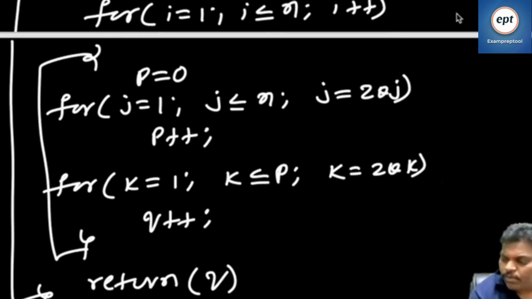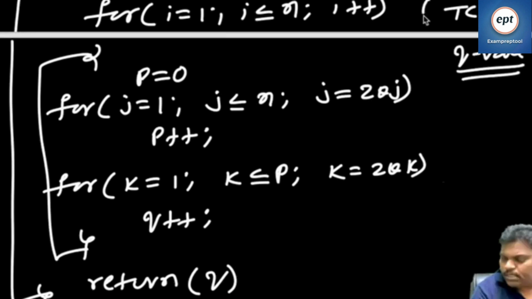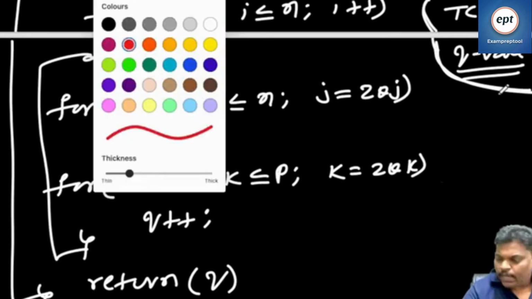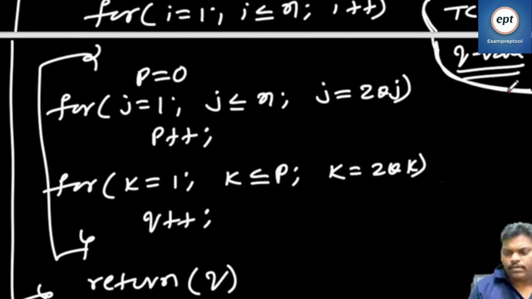I want an answer from you. What is the time complexity of this program? And one more, what will be the q value? Both things are required: calculate the time complexity, and calculate the q value also.